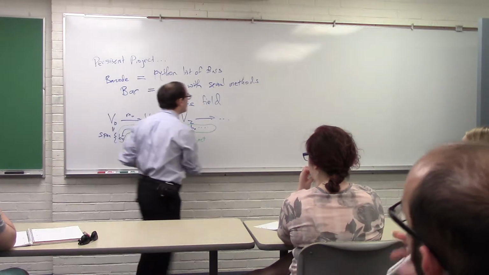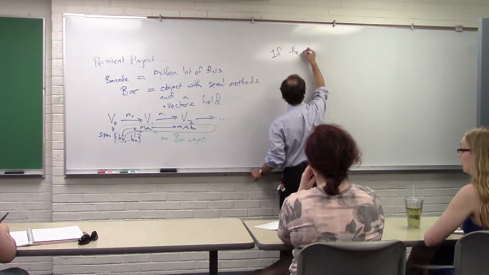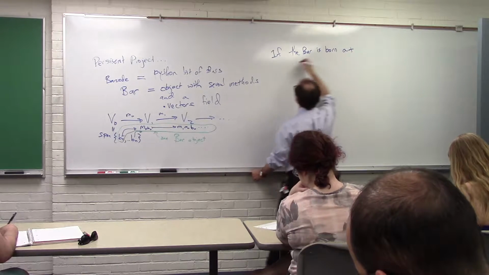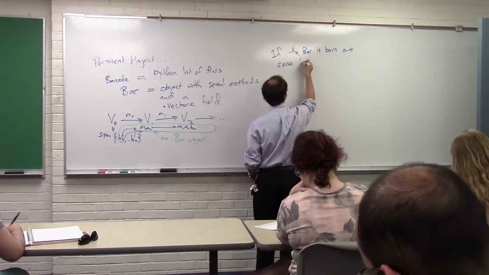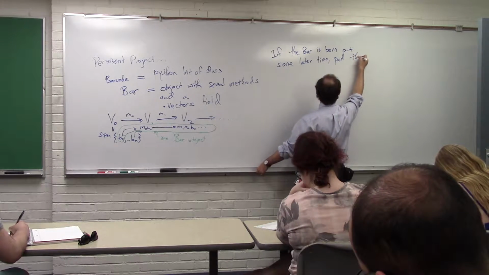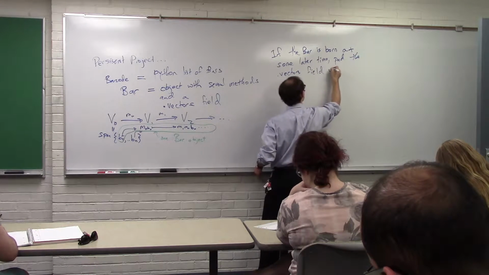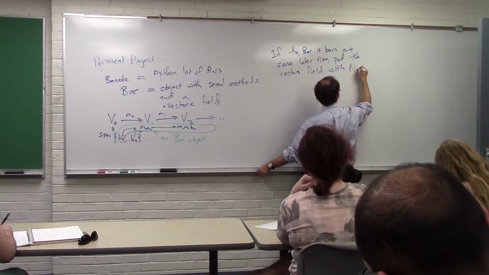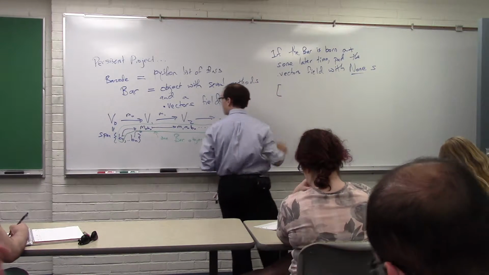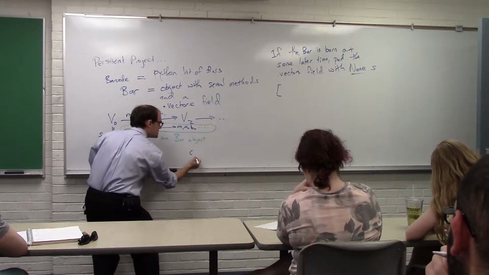So if the bar is born at some later time, you pad the vectors field with Nones.